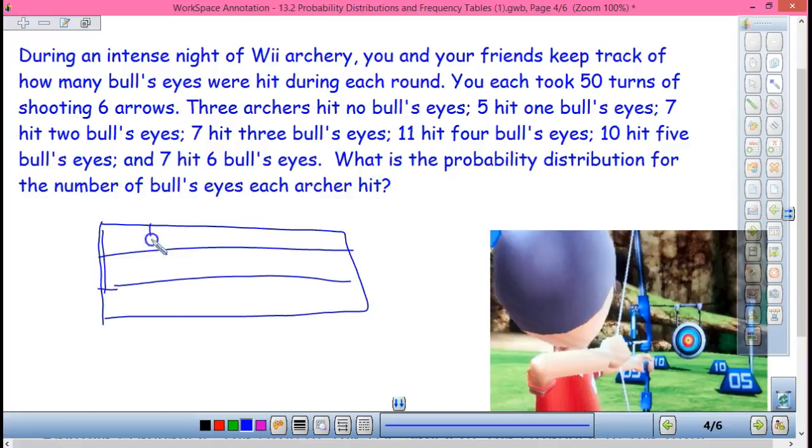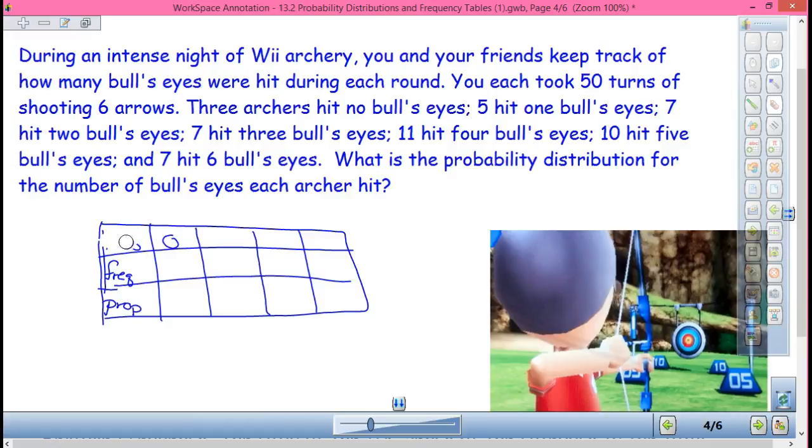This is going to be frequency, this is going to be probability, and this is going to be the hits. So no bullseyes would be 0, or number of bullseyes, I guess I could label this as.